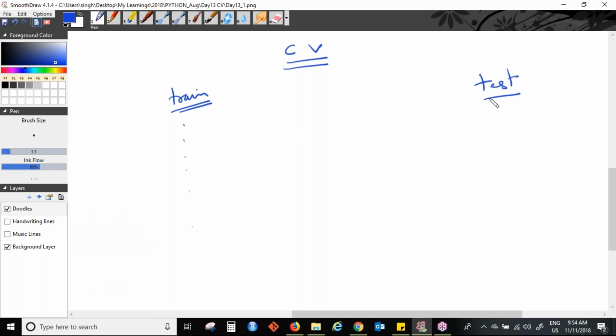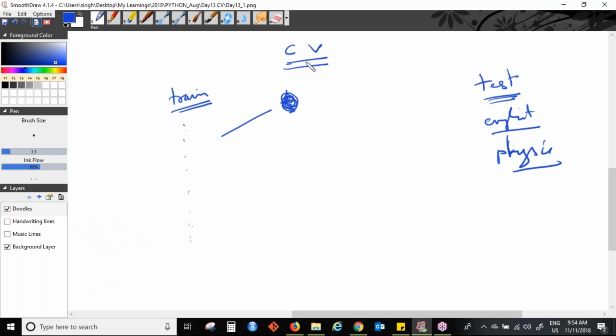I'll have training, I'll have test. So let's say I have all the subjects in my training, and I have, let's say, English and physics in my test. I have only these two in my test. Now I'm not supposed to go there and see what is coming in my test.